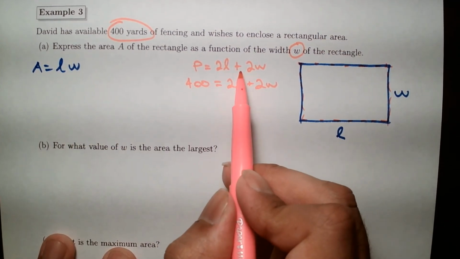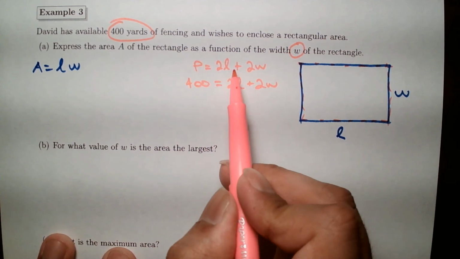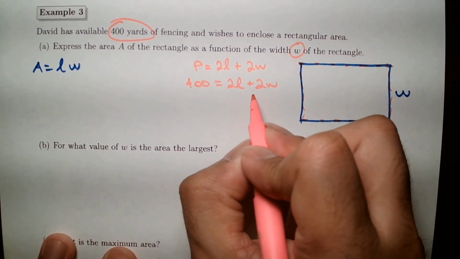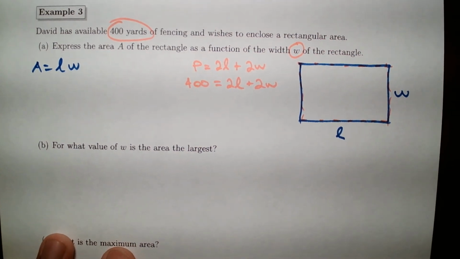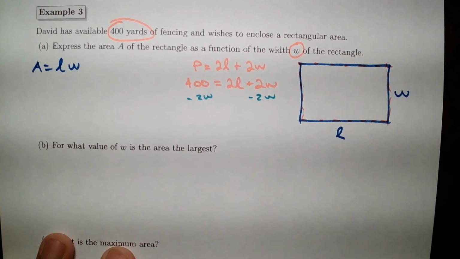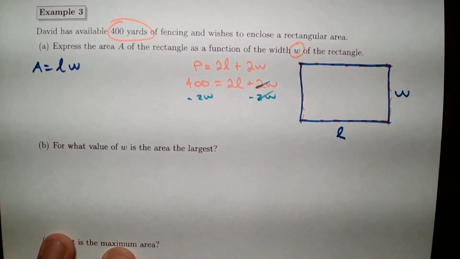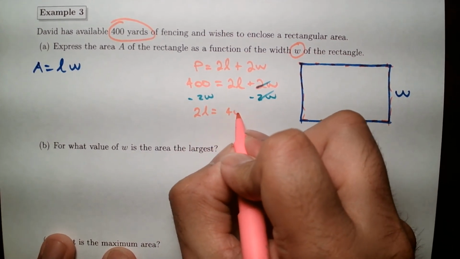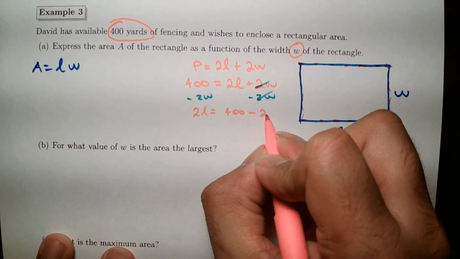So what we're going to do here is solve for the variable L in this equation. I'm going to subtract 2W from both sides. And boom, they go away. And 2L equals 400 minus 2W.